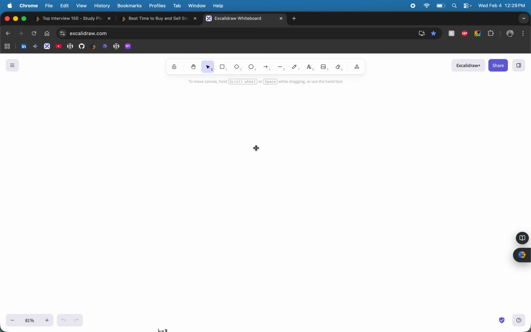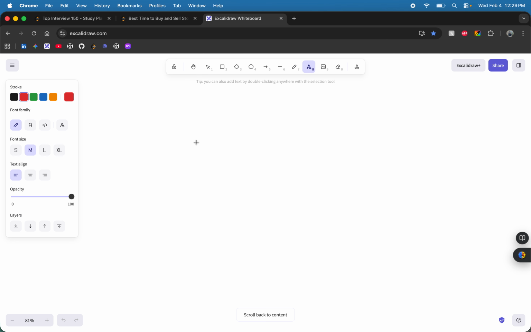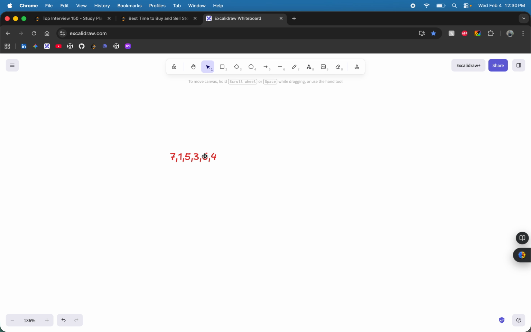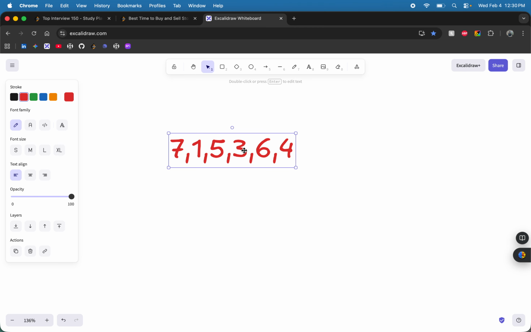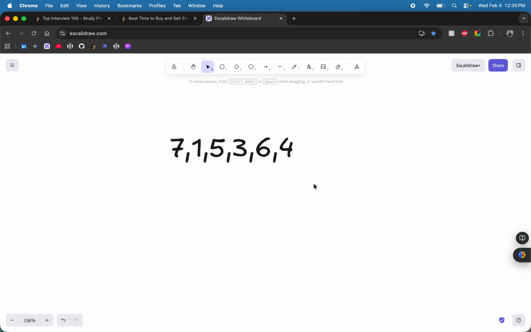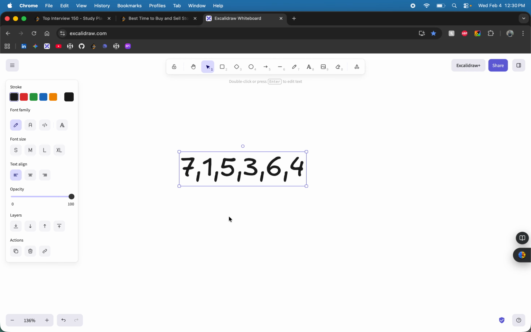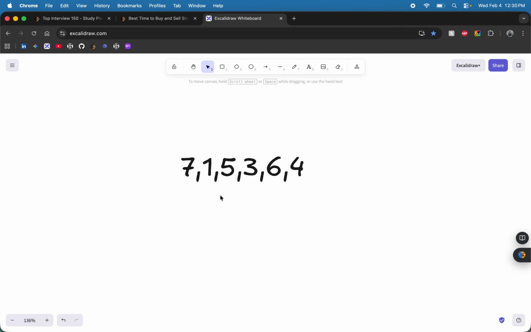Okay, cool. So these are the stock prices. We have to find when we can buy the stock and when we can sell the stock.